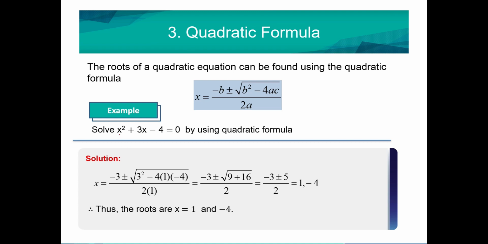So a is 1, b is positive 3, c is minus 4. So substitute into the formula and then we solve. So we get minus 3 plus minus 5 over 2. So we have 1 and minus 4 as the answers. So these answers are actually the roots of the equation.